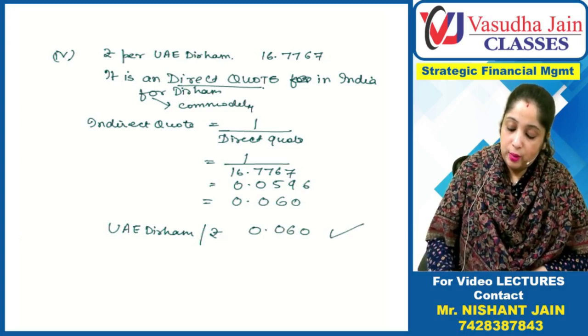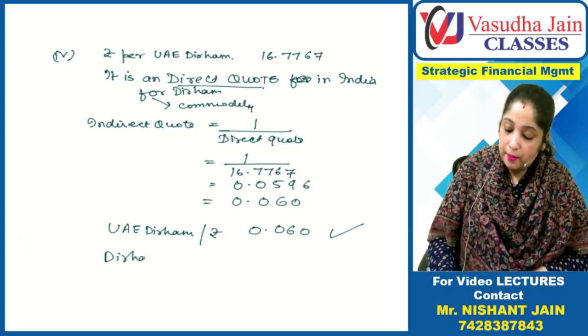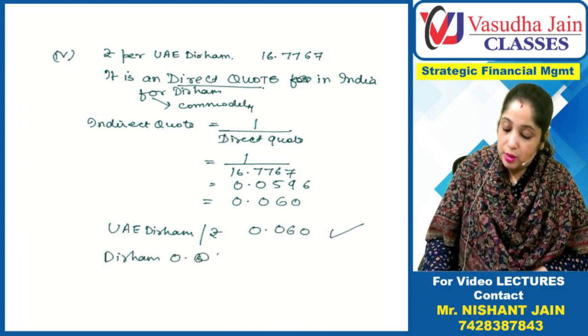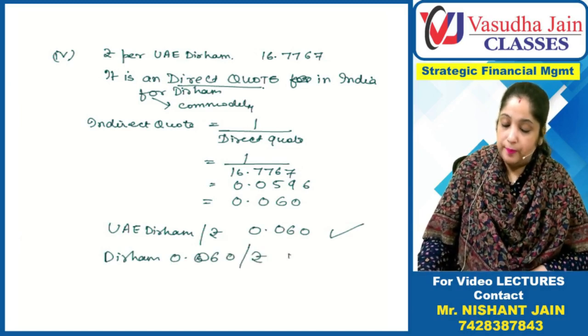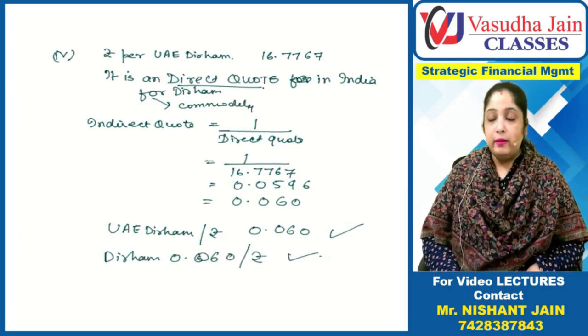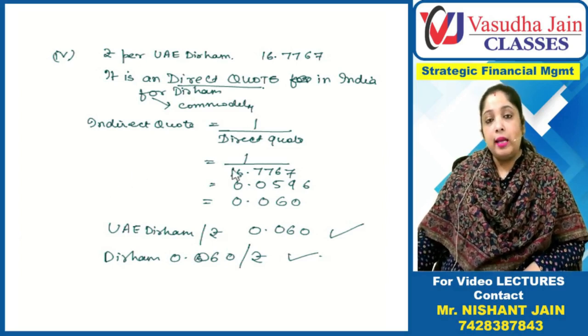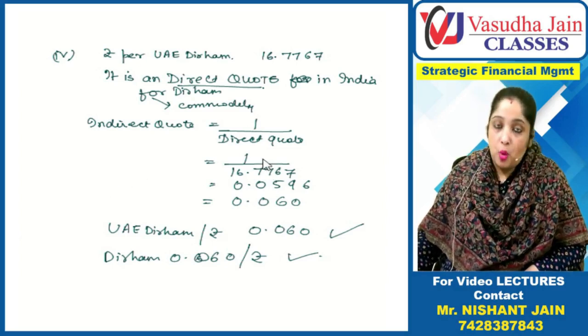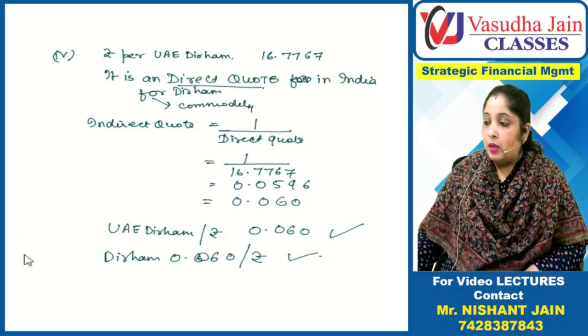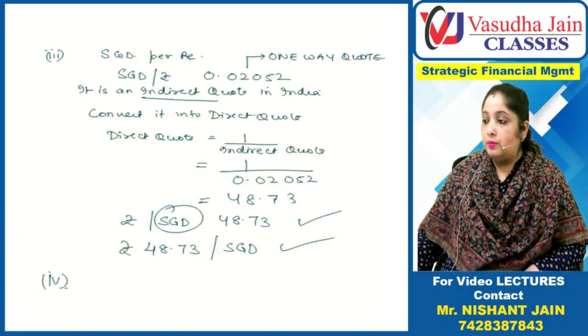Or you can write it like this also, dirham 0.060 per rupee. Is it clear? You can copy this answer, then we shall write some notes on whatever we have studied. This is the fourth part. Pause the screen and write it down.